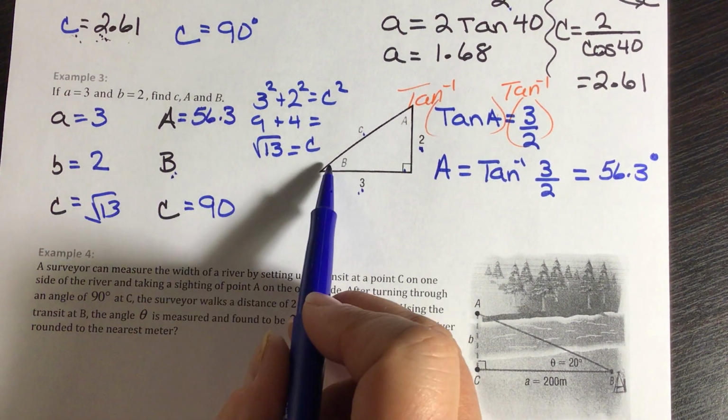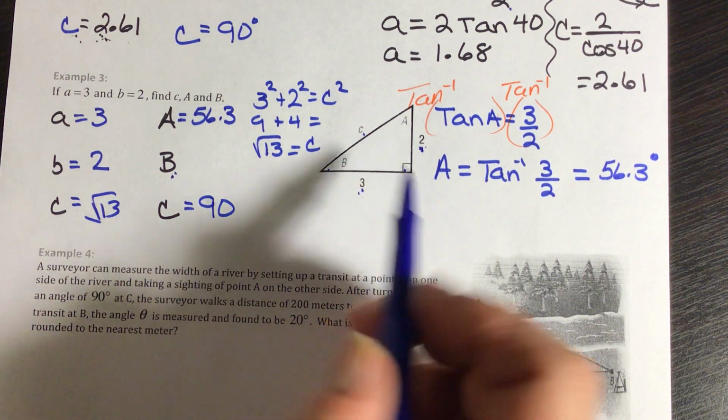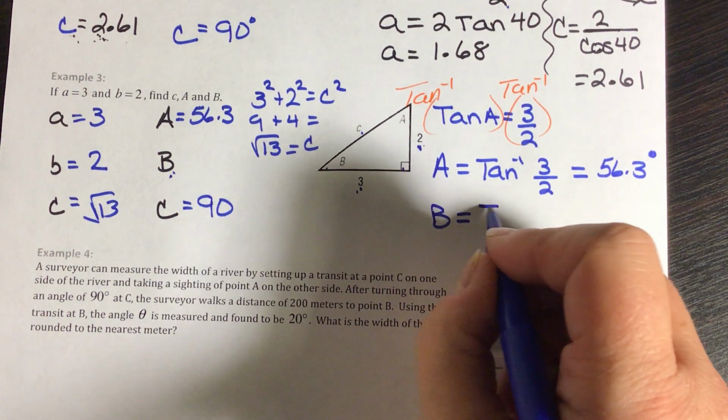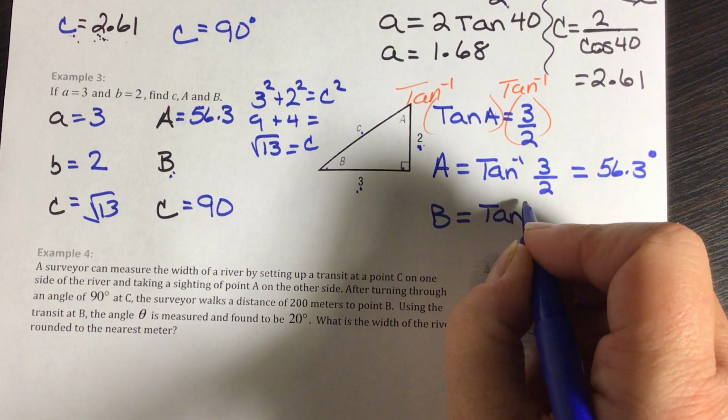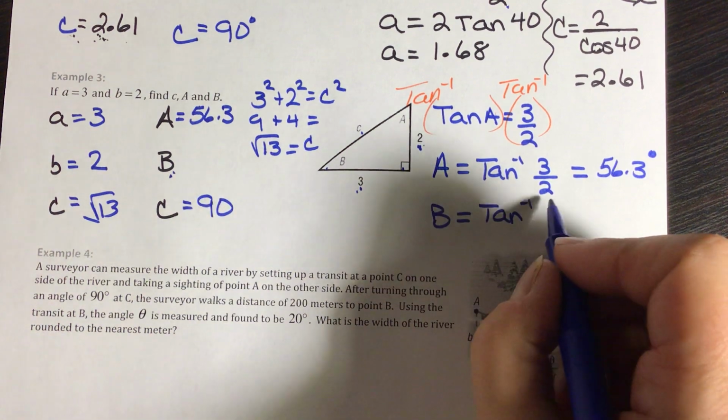Angle B, I could do opposite over adjacent. So here I can do angle B is inverse tan of opposite is 2 over 3.